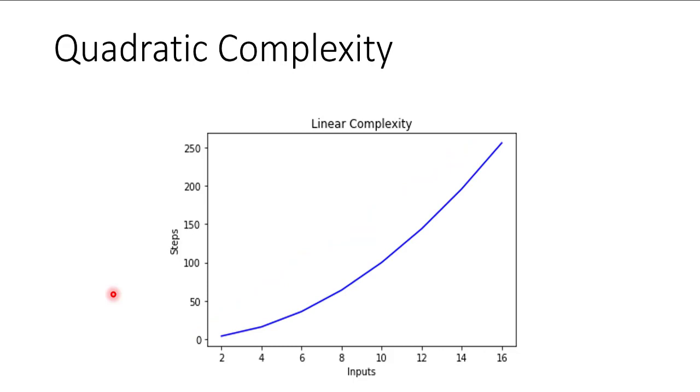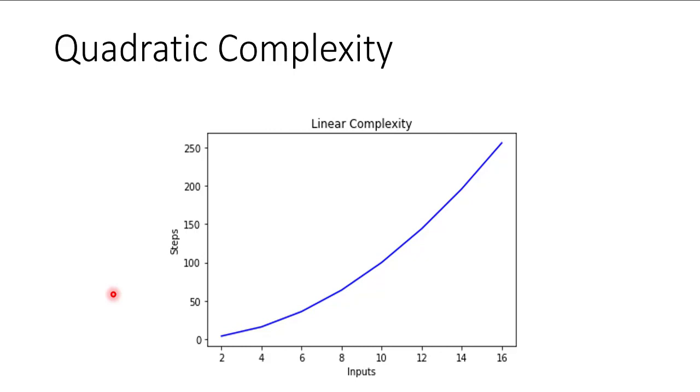Now the quadratic complexity. So here you can see the graph. The complexity of an algorithm is said to be quadratic when the steps required to execute an algorithm are a quadratic function of the number of items in the input. The quadratic complexity, we often denote it using O of n square.